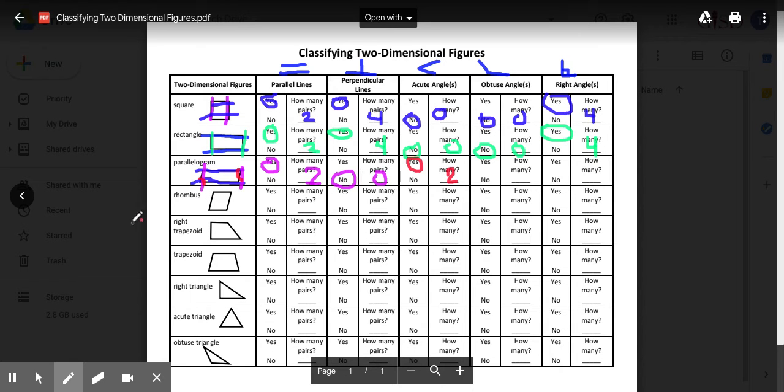And then the next one is how many obtuse angles? Well, there are 2 obtuse angles, the one up here in the corner and the one down in this corner. So the answer is yes, and the answer is 2. Well, I have 2 obtuse angles and 2 acute angles, so there are no right angles for this one.